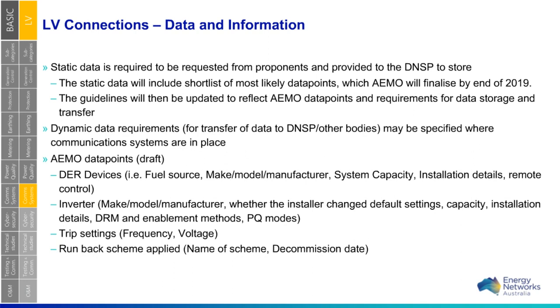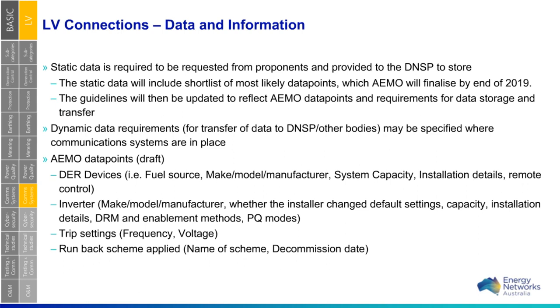With regards to the data and information, this is again really trying to incorporate the AEMO DER register, or setting it up for when the DER register will be ready for incorporation.